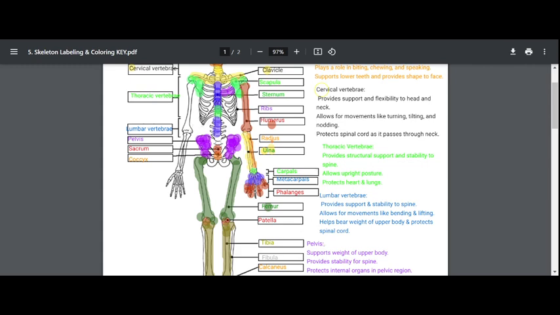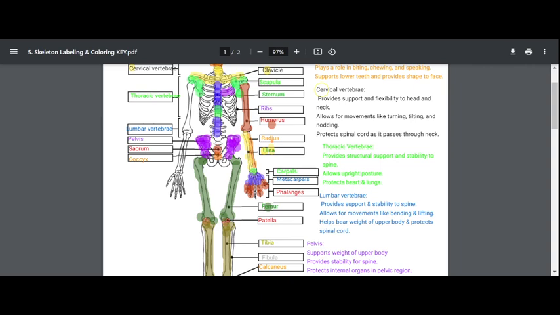Up next, we have the pelvis in purple. Okay, so I'm sure this is another part that you guys are very familiar with. But again, this right here is the pelvis in purple.